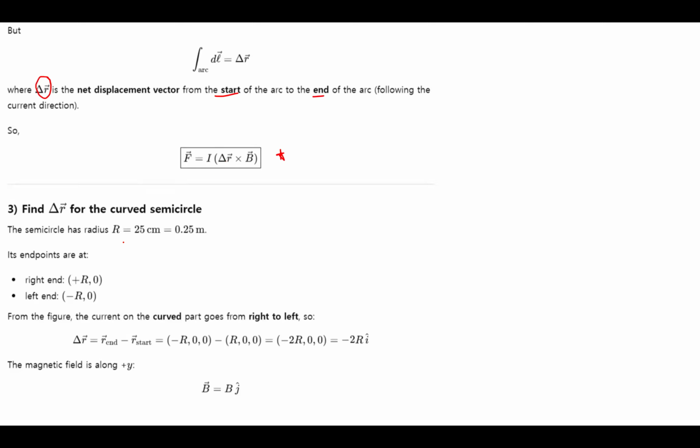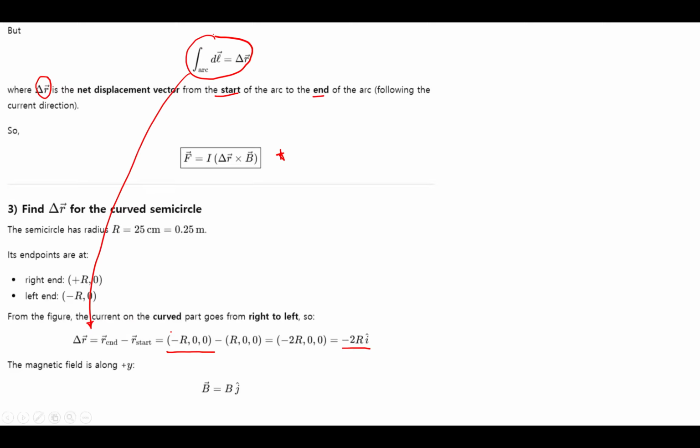For the semicircle, we have a right end and a left end. Delta R is, in fact, the curve that goes from the left to the right. Since this is a conservative system, it is going to be the same as the straight path.